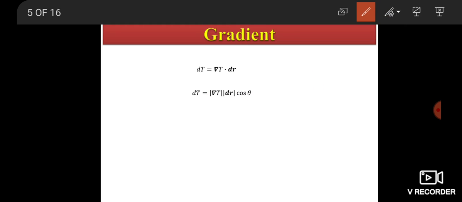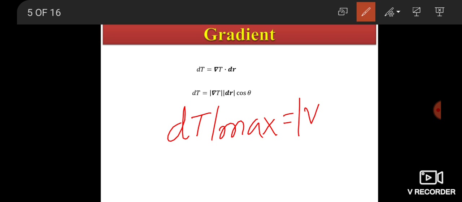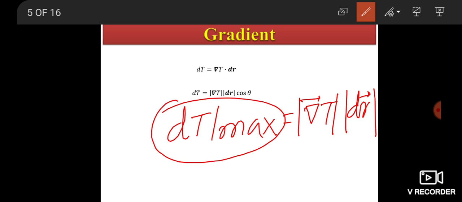So we found out that dT max is equal to magnitude of gradient of T into magnitude of dr. Next task, to find out the direction along which dT is maximum.